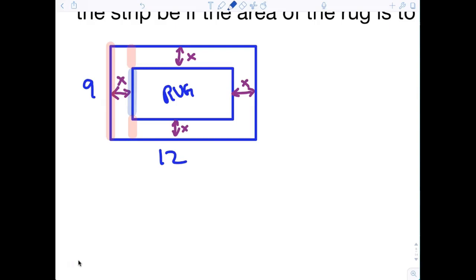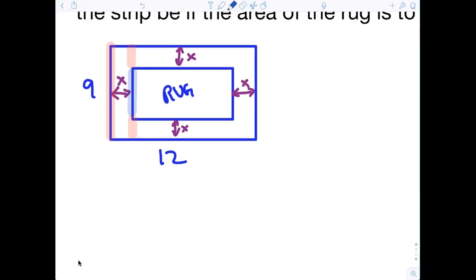Not X squared, definitely not. Not X plus X. Let me say this one more time. 9 minus what? 2X. Yeah, 9 minus 2x.